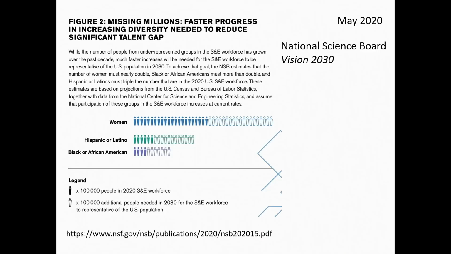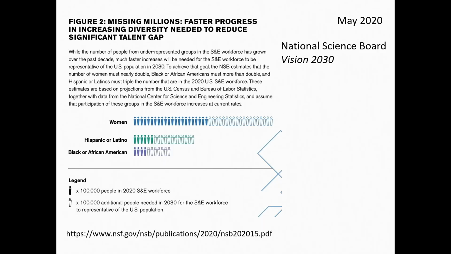Then also, May 2020, flash forward a year, the National Science Board comes out with this report called Vision 2030. And if you take nothing else away from this talk, please remember this plot. In this figure, they titled it The Missing Millions.